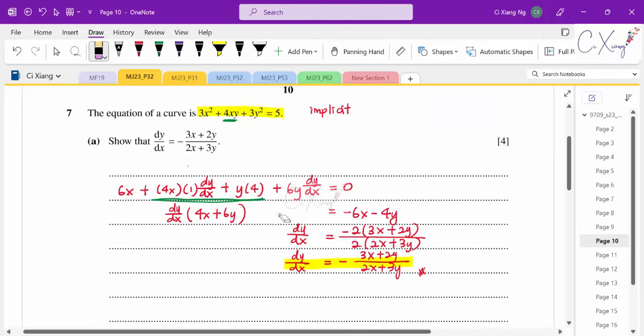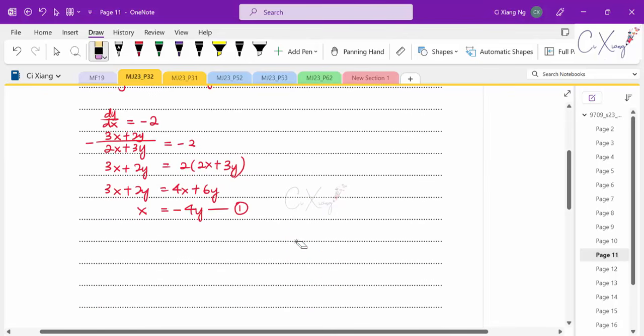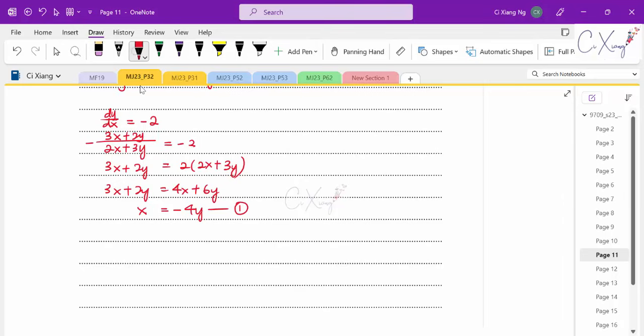Our original equation is this long one: 3x squared plus 4xy plus 3y squared equals 5. Substitute x equals negative 4y into this equation. Okay, I'm going to do it now. Substitute 1 into the equation. Make sure you substitute carefully and then simplify carefully.